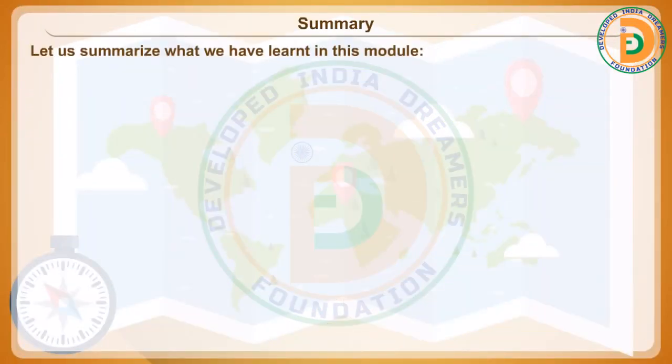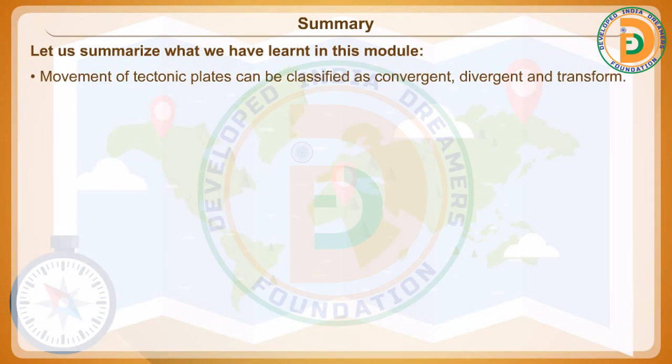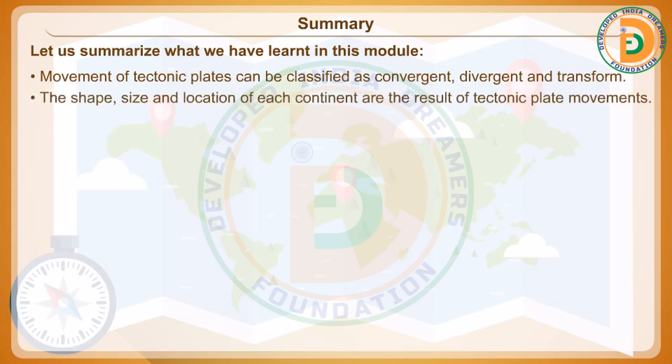Summary. Let us summarize what we have learned. Movement of tectonic plates can be classified as convergent, divergent, and transform. The shape, size, and location of each continent are the result of tectonic plate movements.